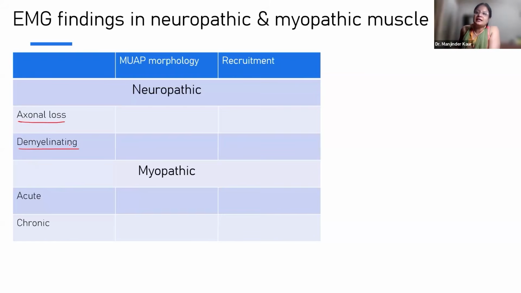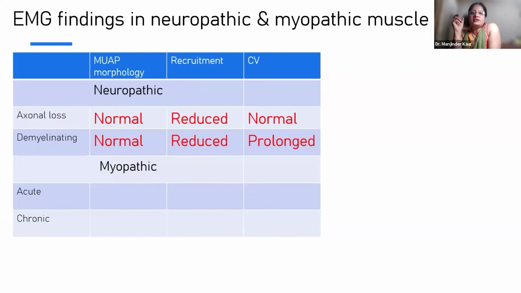Now, as we have discussed, there are two types of lesions in neuropathic muscle weakness. One is the axonal loss, that is loss of the nerves or the axons. Another is the demyelinating. In both the neuropathic lesions, whether it is axonal loss or demyelinating lesions, the MUAP morphology will remain the same. It will be normal.